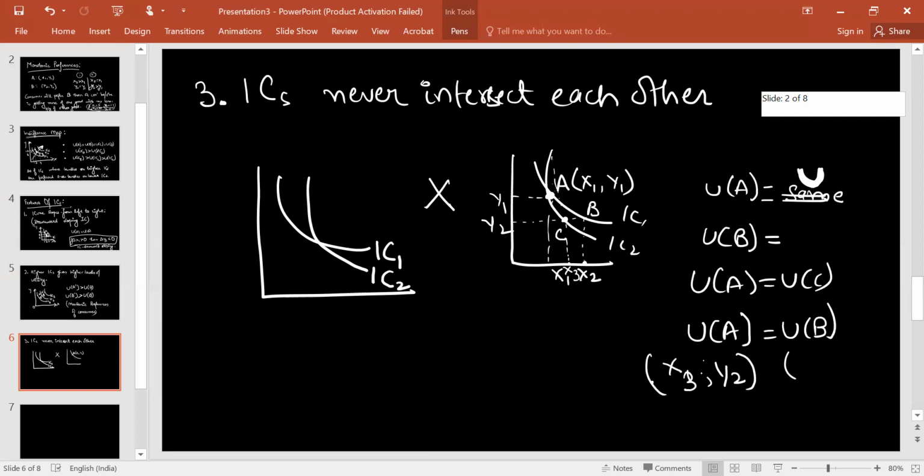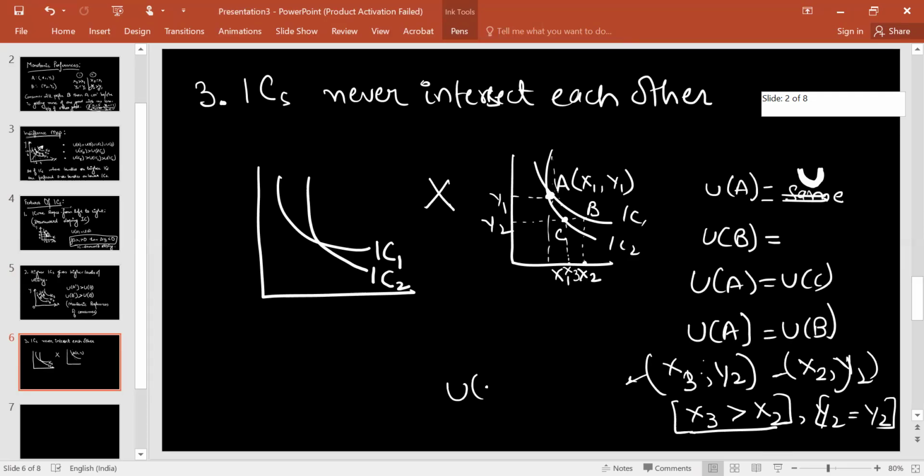I'm comparing these two bundles, x3 comma y2 and x2 comma y2. Now x3 is greater than x2, correct? And y2 is the same in both bundles. So how can the utility derived from these two bundles be the same? In this case, the utility derived from B has to be greater than the utility derived from C, correct?